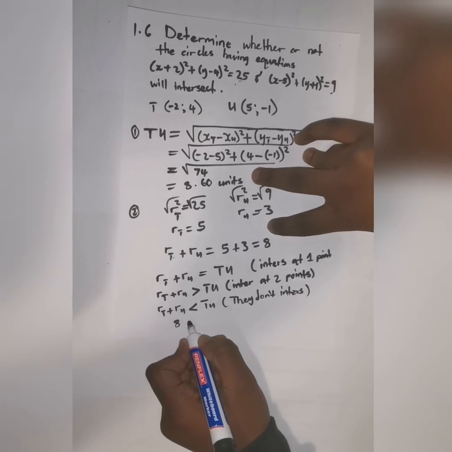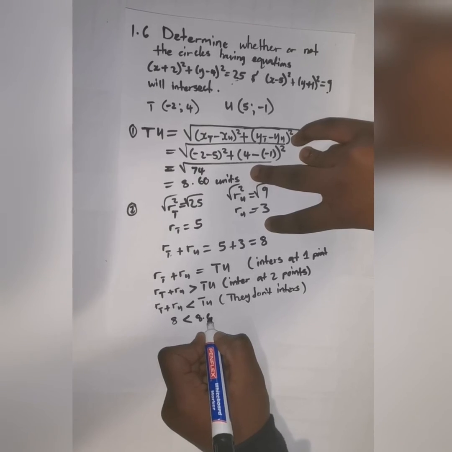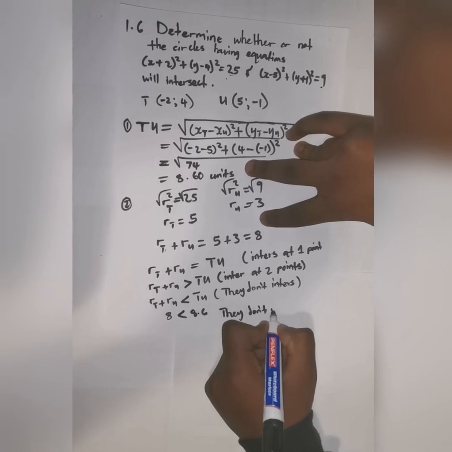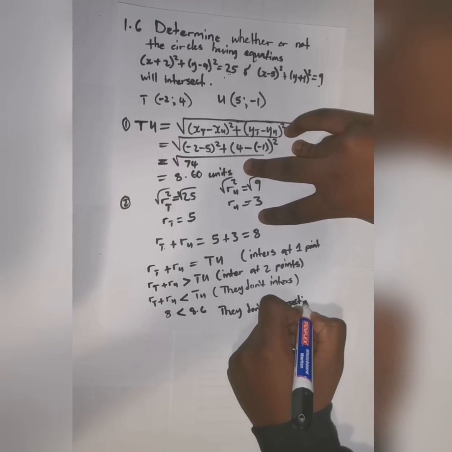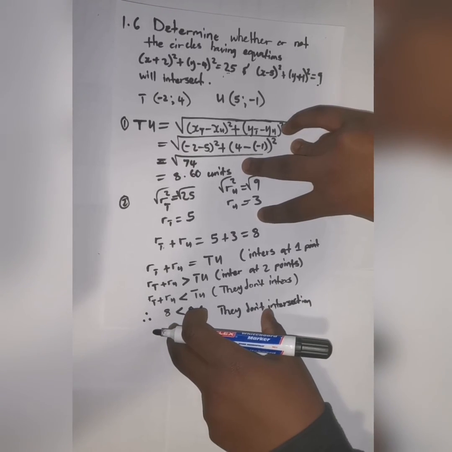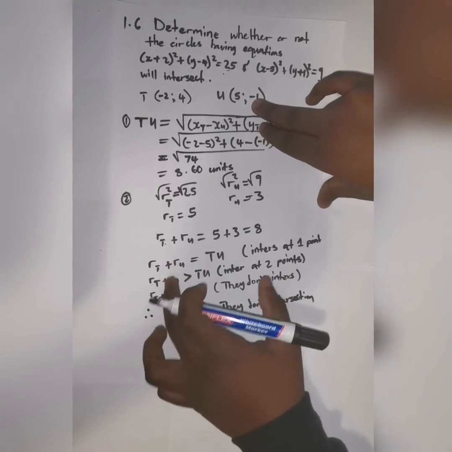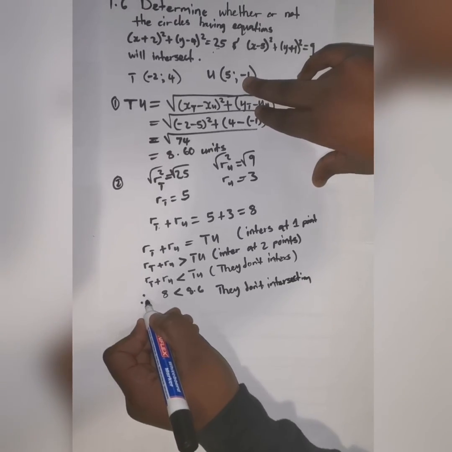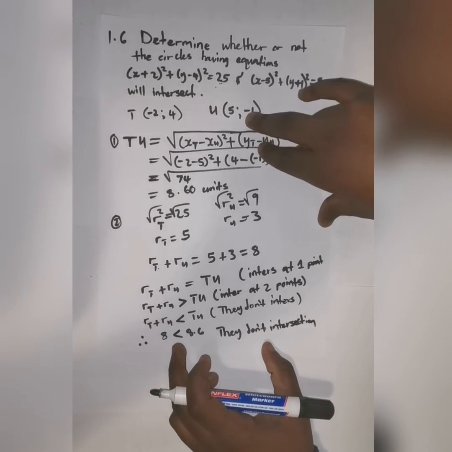As you can see, 8 is less than 8.6, meaning that they don't intersect. For this question, you don't even need the actual diagrams to determine the intersection. You just need to know these 3 conditions, but of course it helps to know how it looks when they intersect. You can reference that from your textbook.